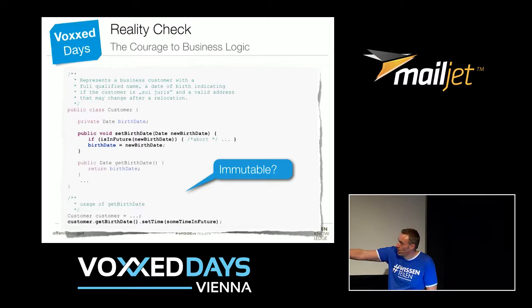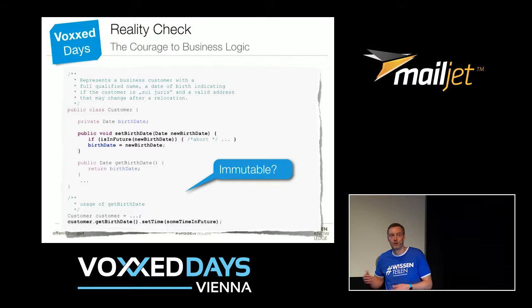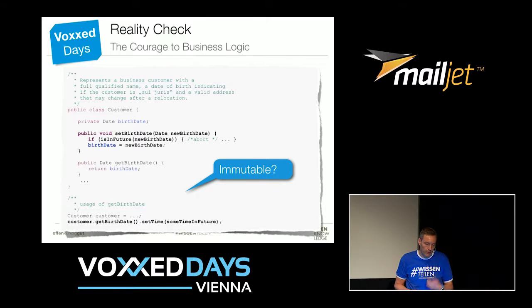So via this last line, I can pass a null value if I want. The same with collections. If you work with collections, collections normally are mutable. So if you ask for a collection via a getter, you can manipulate it without using a setter.